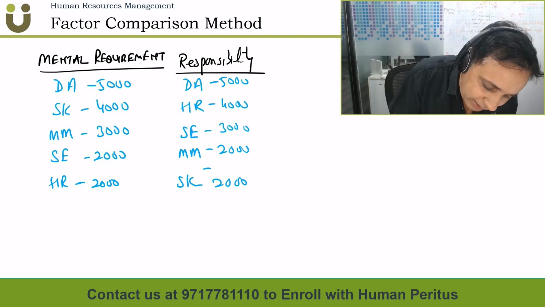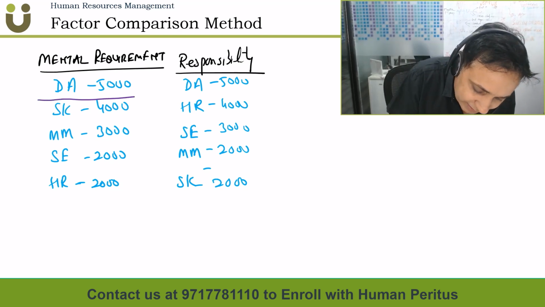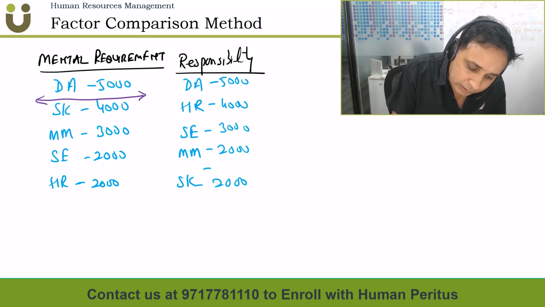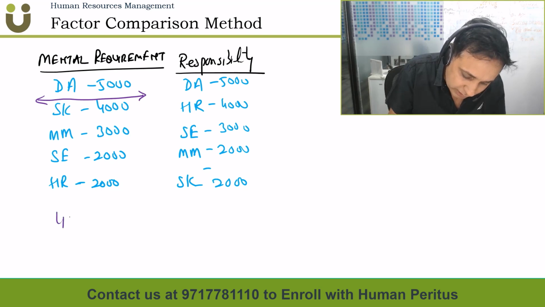For example, in terms of mental requirement, the data scientist fits somewhere here. So what do we conclude? For the data scientist, as far as mental requirement is concerned, the money should be somewhere between 4 and 5,000. So let us say 4,500.